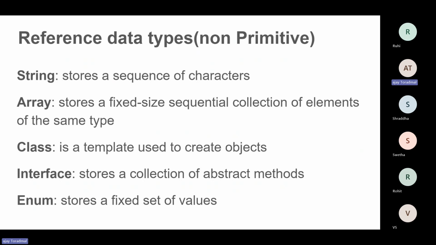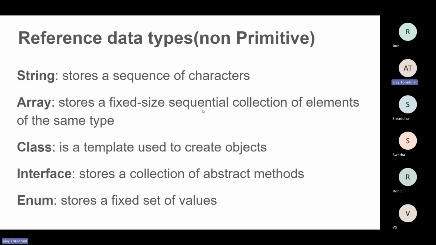Similar means if I'm storing integers, I'm going to store only integers. If I'm going to store float, I'm going to store only float numbers. But how many? Depending on the size of the array we have created. So always remember, arrays are fixed in size. That we will cover later. It will store the numbers in sequential fashion.